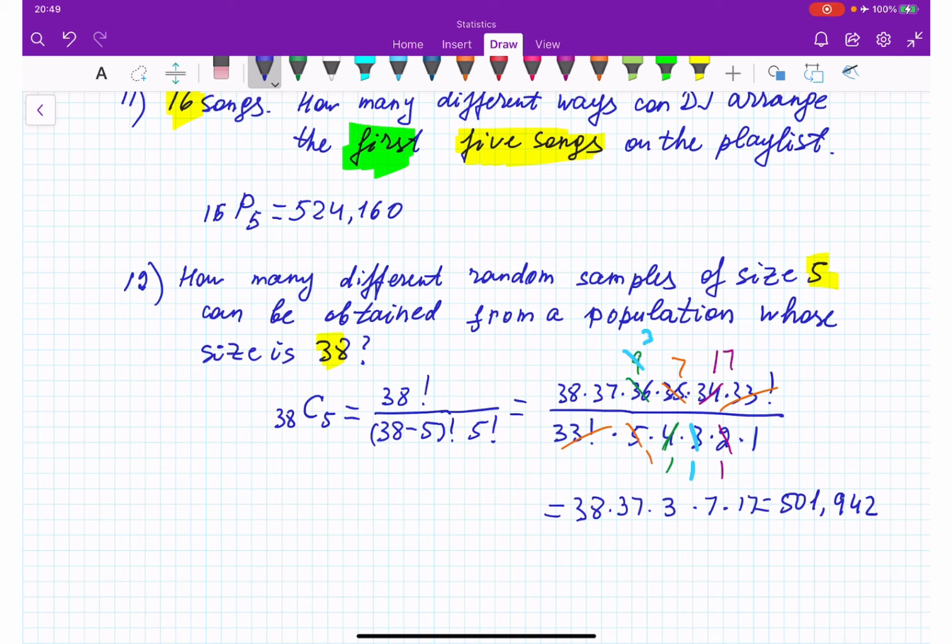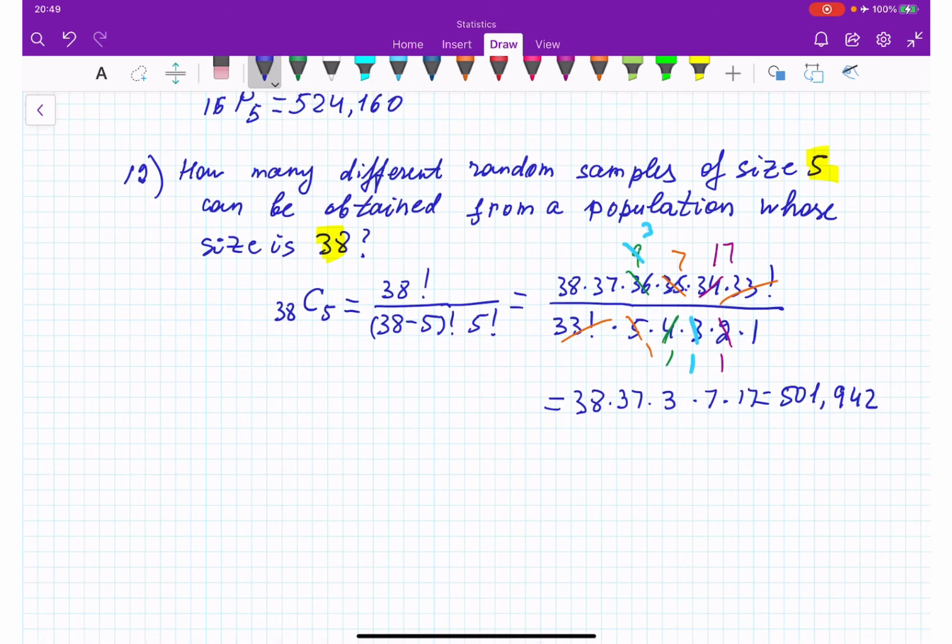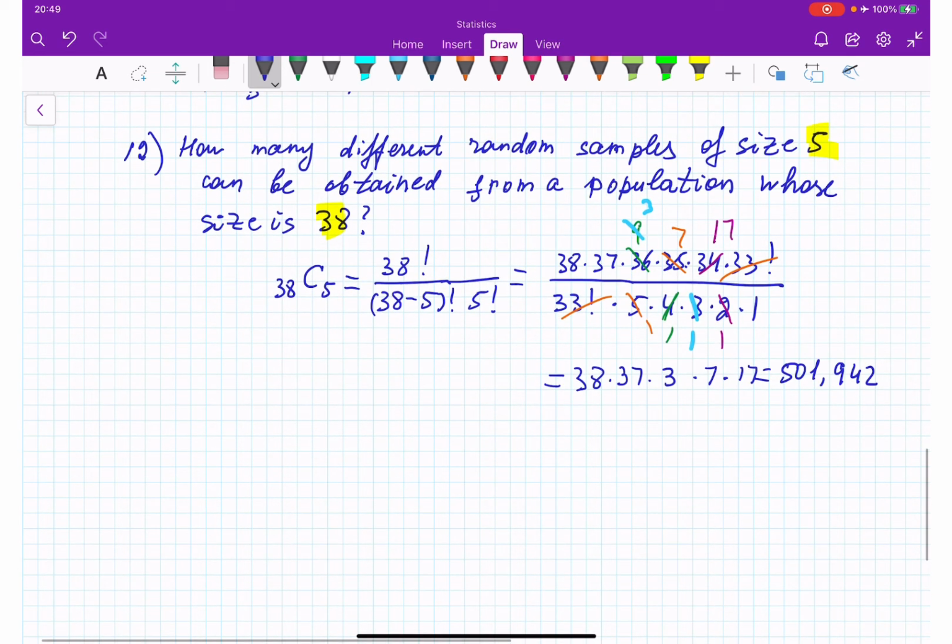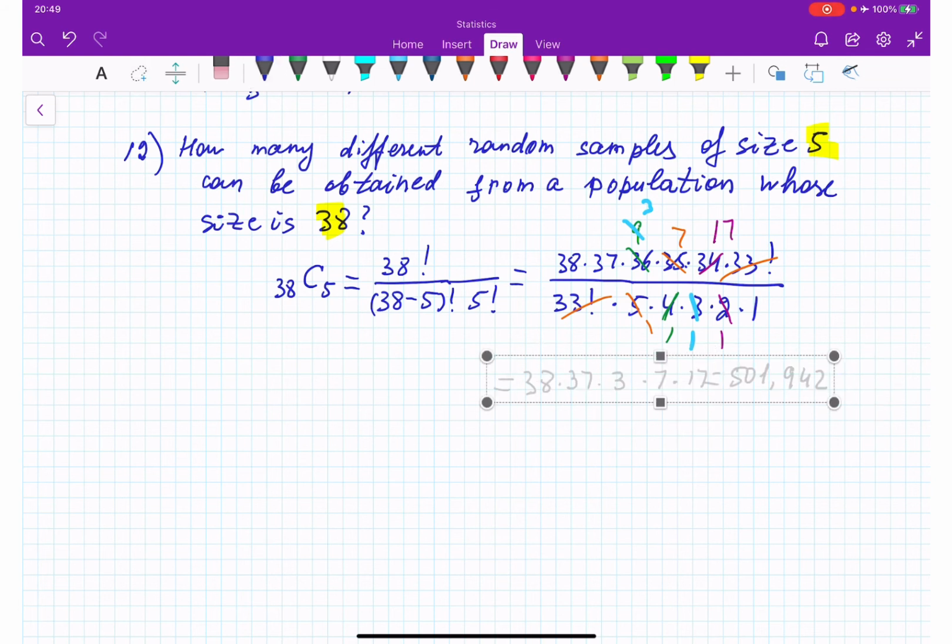Or you can plug it into an online calculator. Okay. Question number 13. We have 15 questions in total, so I'm almost done. A class has 30 students.